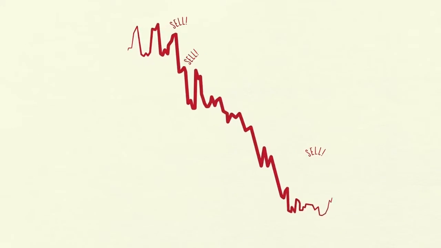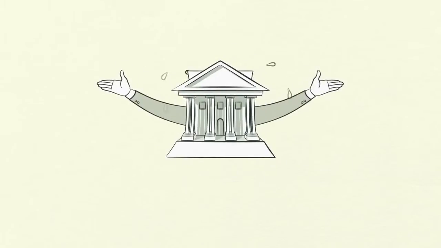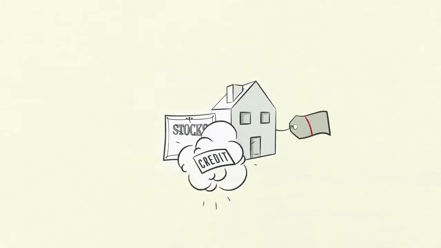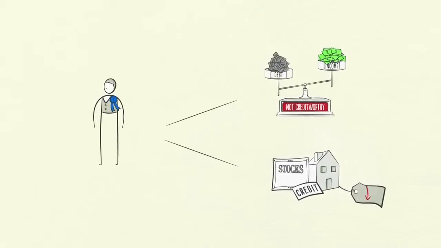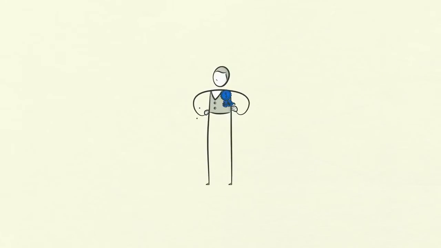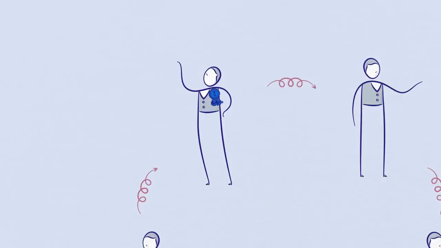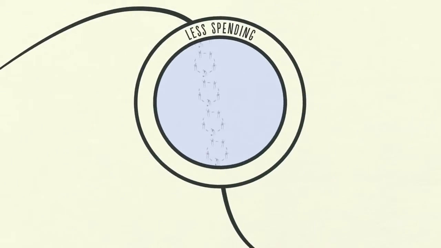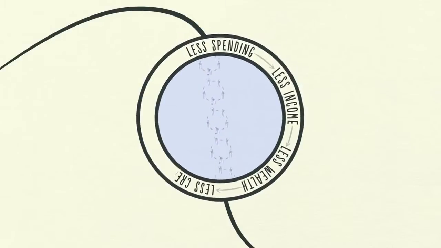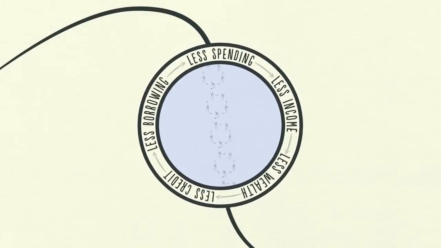This is when the stock market collapses, the real estate market tanks, and banks get into trouble. As asset prices drop, the value of the collateral borrowers can put up drops. This makes borrowers even less creditworthy. People feel poor. Credit rapidly disappears. Less spending, less income, less wealth, less credit, less borrowing, and so on.